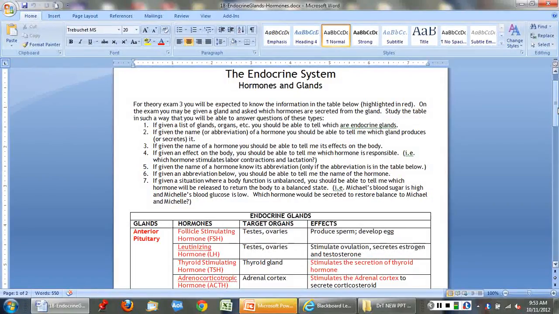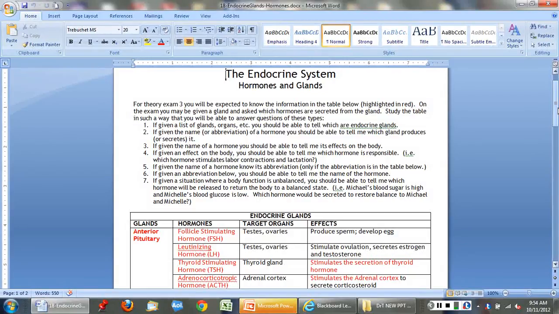What about thyroid hormone? Thyroid. What about what regulates blood glucose? Insulin. So insulin, yes. And I like to use insulin as the first example of how this system works.